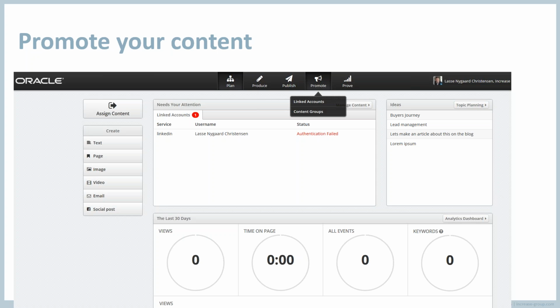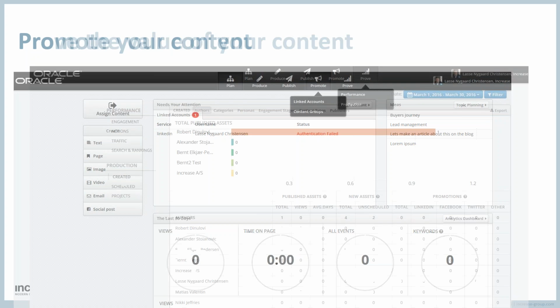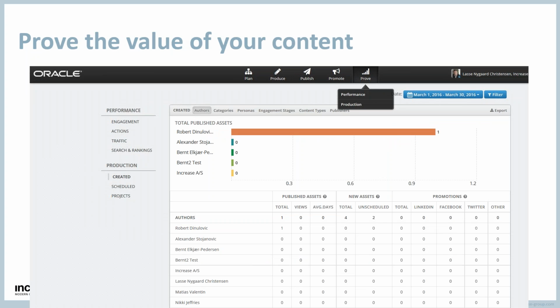And then you can go into prove as well, and you can see what is really working, who's writing brilliant stuff. Not because it's lyrically beautiful, but because it's effective and creates ROI. So obviously the prove part is really important in this context.